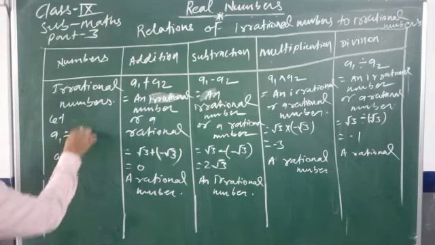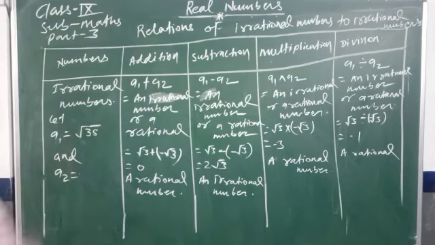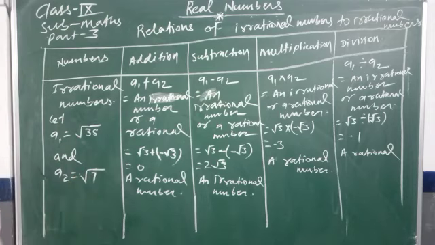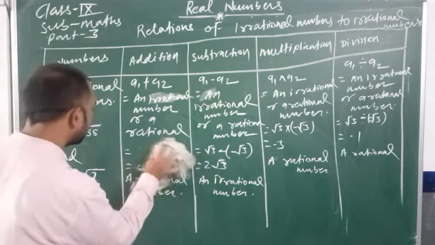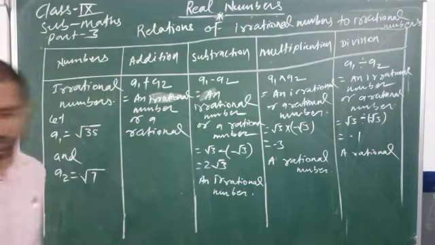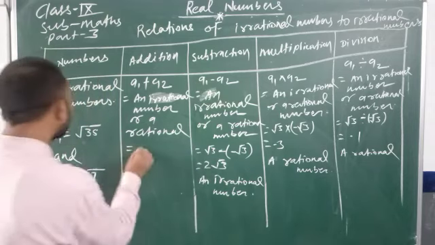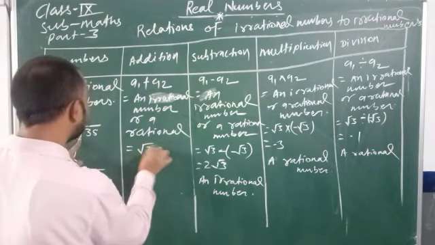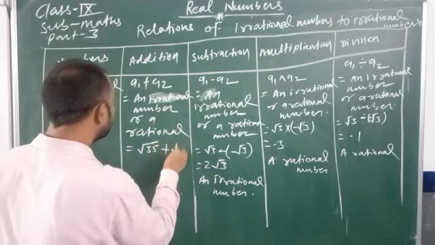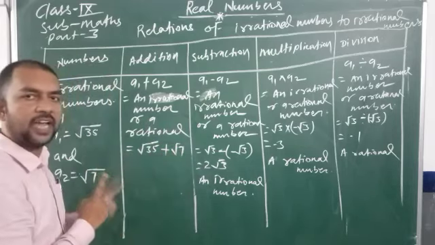We can take root 35 and square root 7. So we will change the value everywhere and we see what the outcomes are. We can see that when we put the value of a1 equal to root 5 plus root 7, it is clearly an irrational number.